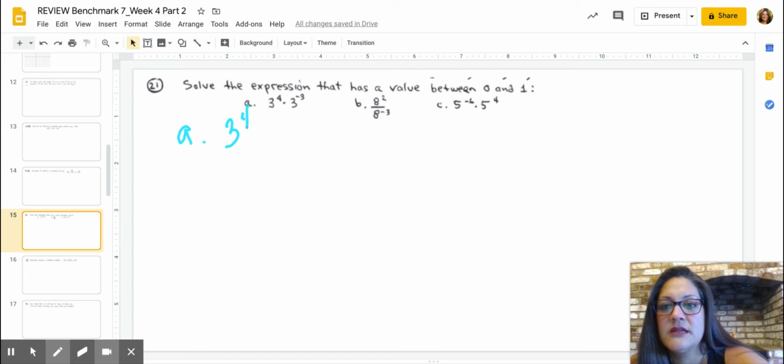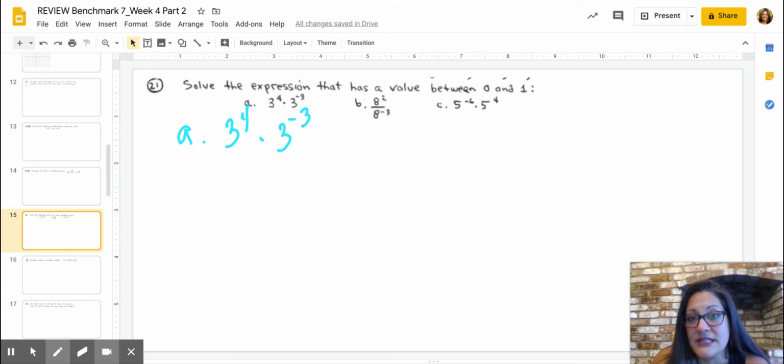Three to the 4th power times 3 to the negative 3rd. When I'm multiplying the same base with an exponent, I'm going to add the exponents together.